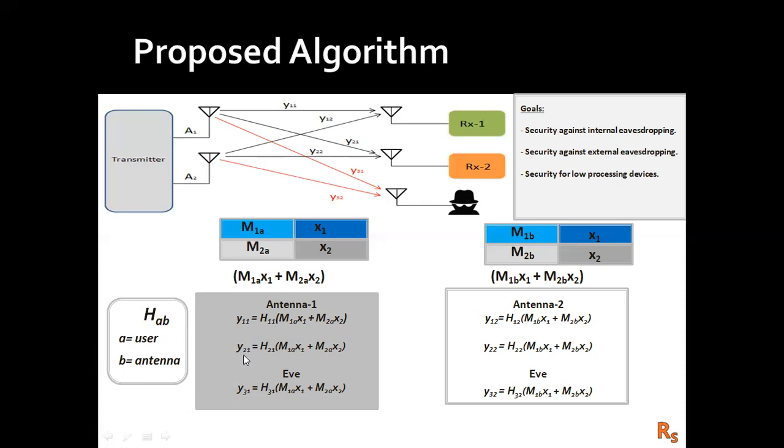Similarly, the same process goes for Y21, Y31, and for Y12, Y22, and Y32. And in this way, the data is transmitted securely.